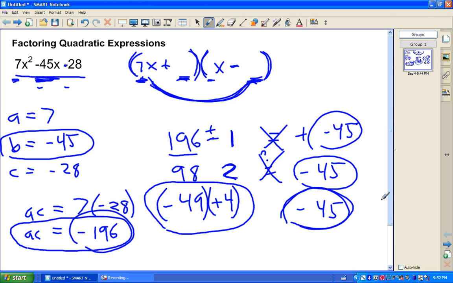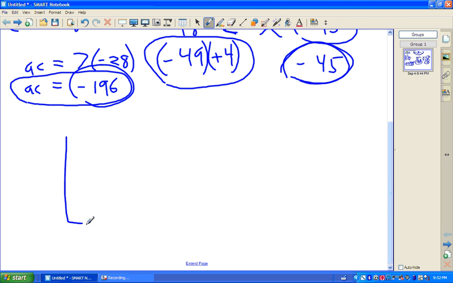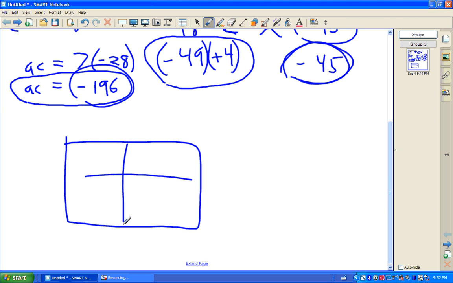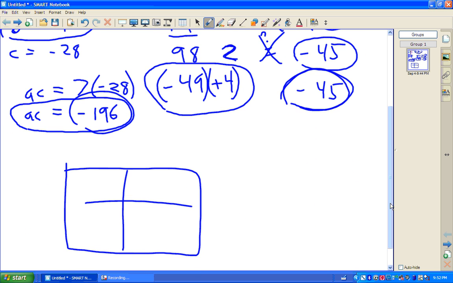Now, the question is, what do I do next? There are different methods of doing this. We have tried to look at a box like this, where you simply say, I know I'm going to have a 7x squared in here, which is going to come from a 7x and an x.